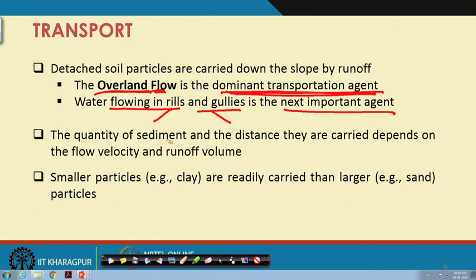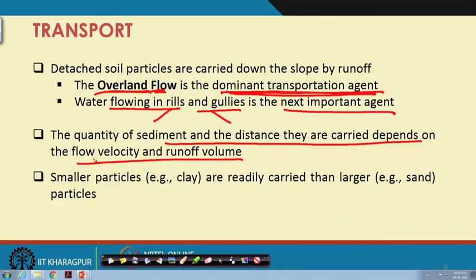The quantity of sediment and the distance they are carried depends on the flow velocity and runoff volume. That means the carrying capacity of the flowing water matters: either the velocity of flow has to be very high, or the total quantity of water has to be high, for the erosive capacity of the flowing water to be high.